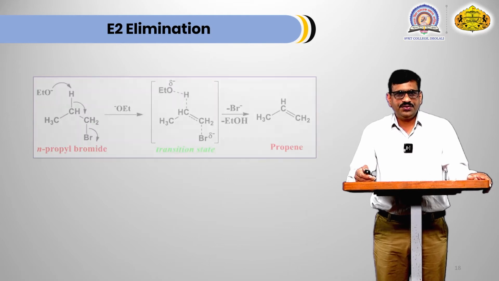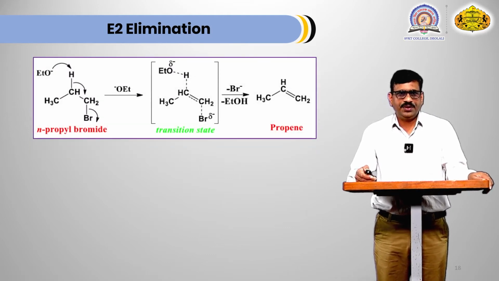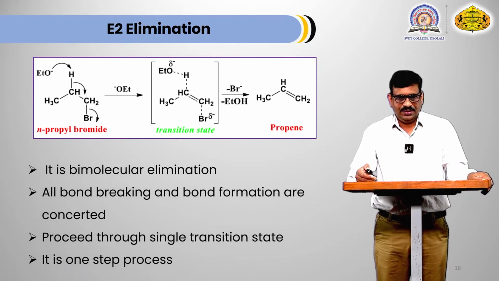First of all, E2 elimination. This is an example of E2 elimination: n-propyl bromide on reaction with sodium ethoxide produces propene as a product. This reaction proceeds through a single transition state. These are the features of E2 elimination.